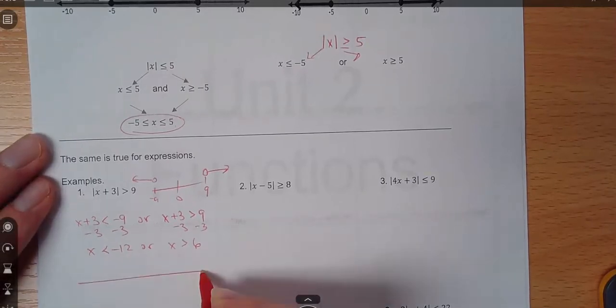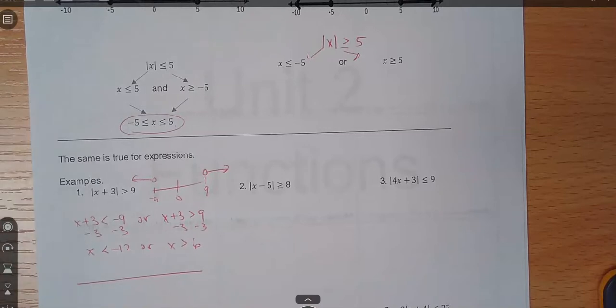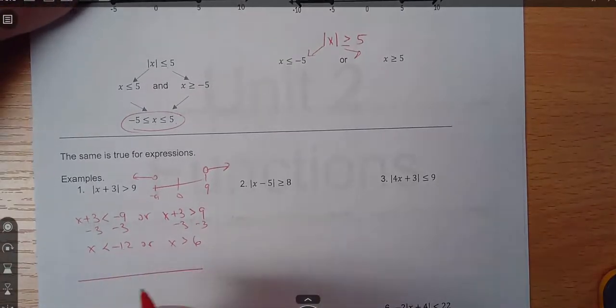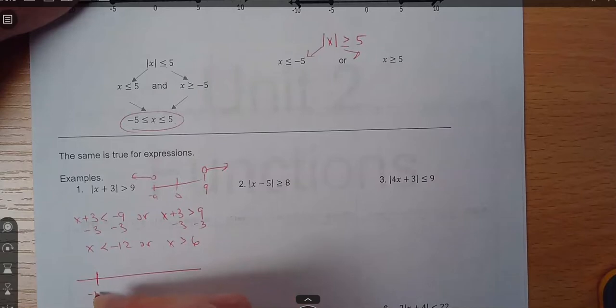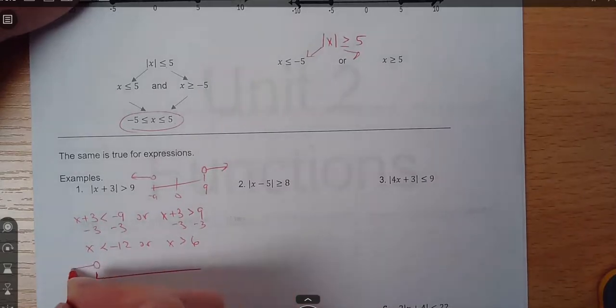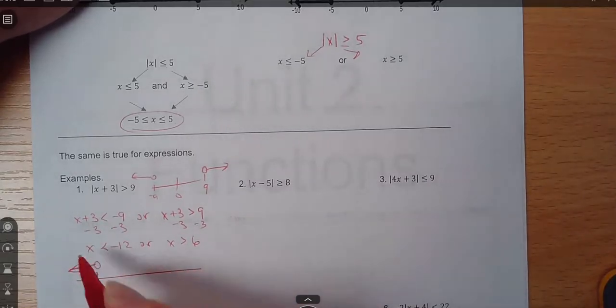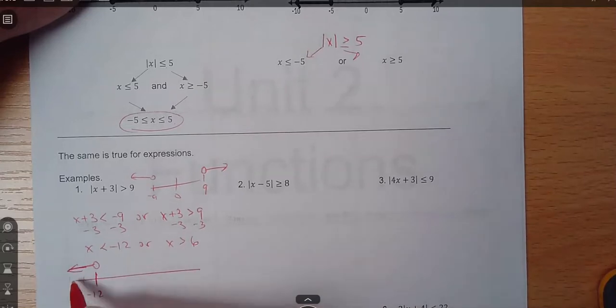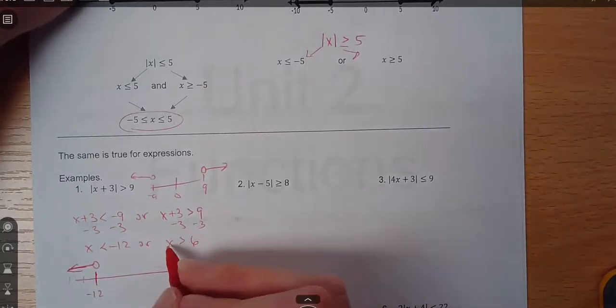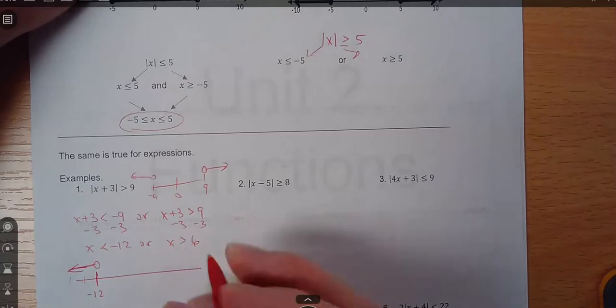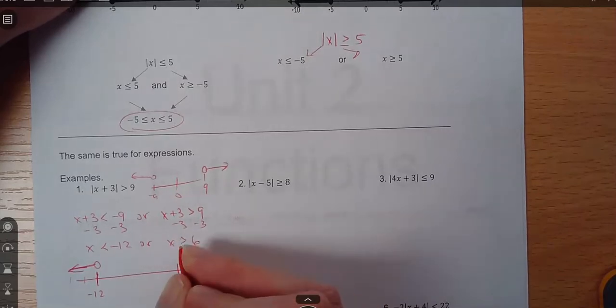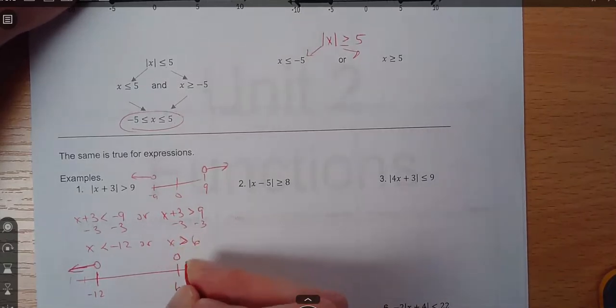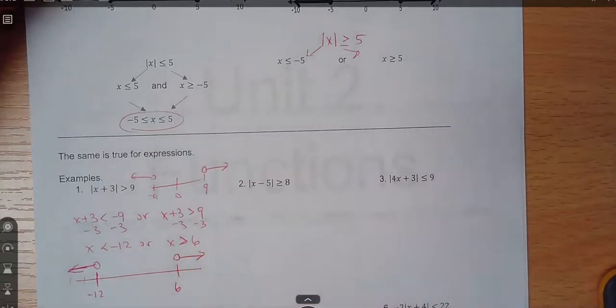And if I was going to graph that, because on MathXL it'll say graph it, if x is less than -12, that means -12 here is going to be an open circle going to the left. Any number less than that, -13, -14, and so on. And then any x greater than 6, over here would be a 6, open circle because it's not equal to, and then going to the right. And that would be my graph.